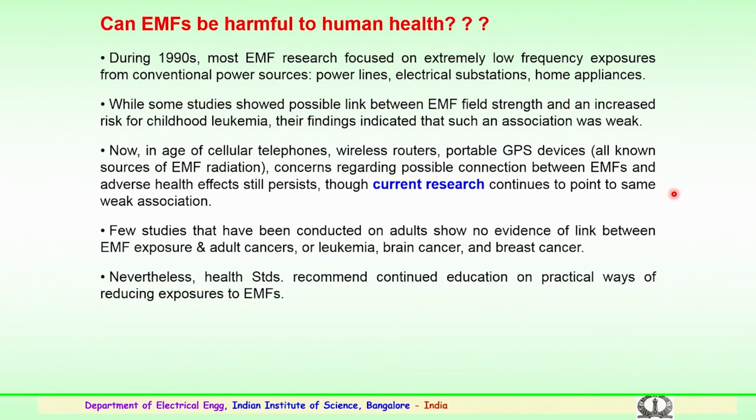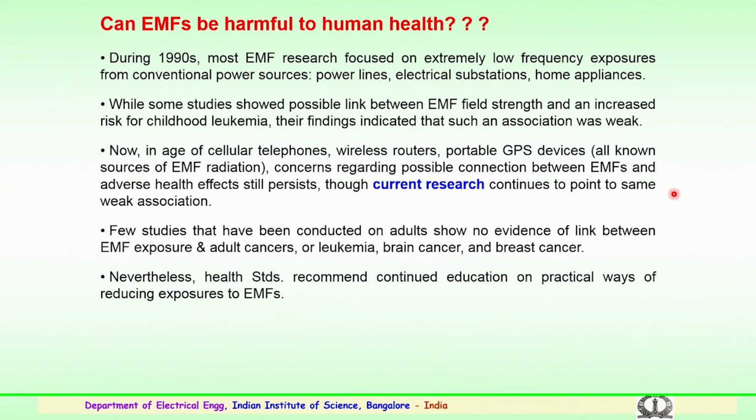There is no concrete proof that the fields generated by these sources could be harmful to humans. Studies conducted on adults show no evidence of a link between electromagnetic field exposure and adult cancers, leukemia, brain cancer or breast cancer. So, there are no solid proofs that exposure to electromagnetic fields has led to these diseases.